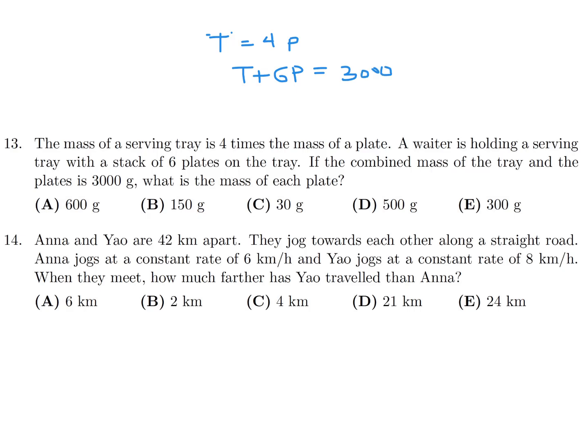So since T is 4P, we put 4P in there, and that's 6P, and that is 3,000. So 10P is 3,000, and therefore P would be equal to 300. P is 300, and therefore that would be E.